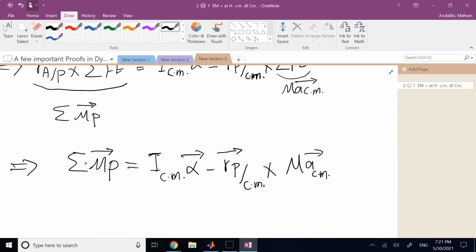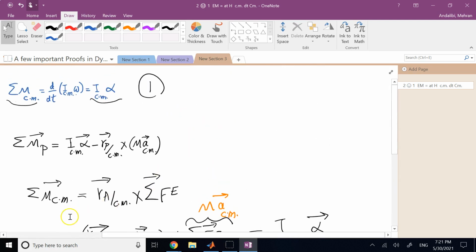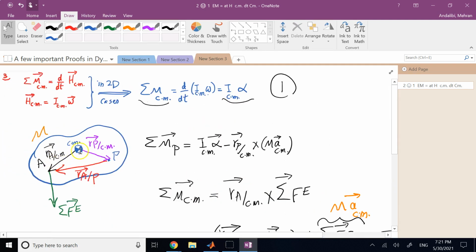And basically all that this one is what we call shifting moments. Okay? If you shift the moments that these forces are creating about point A, and we did it all with respect to Cm. Now, if you change your reference point from Cm to P, the moment of these forces with respect to P are not going to be the same as with respect to Cm.